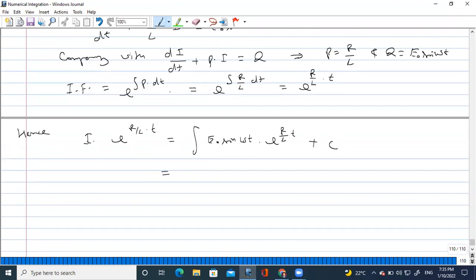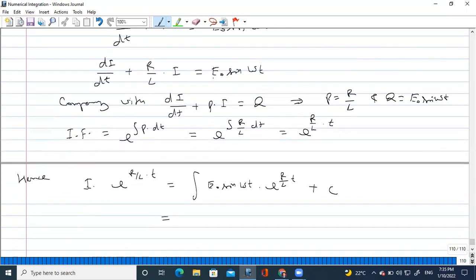Sorry, here I have to put E0 by L, because we are dividing with L. So q will be E0 by L. So E0 by L will go out, and it will be the integral of e to the power R by L into t into sine omega t dt, plus c.